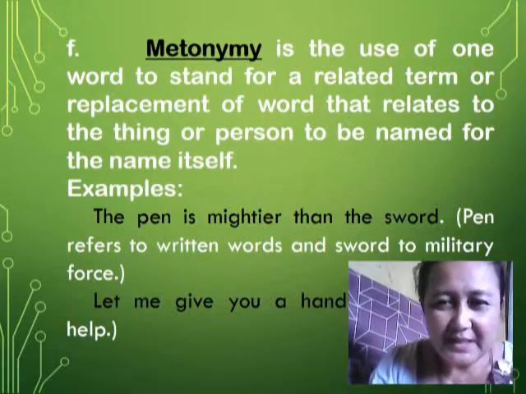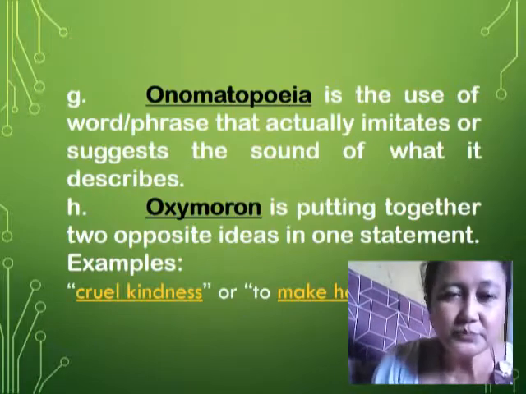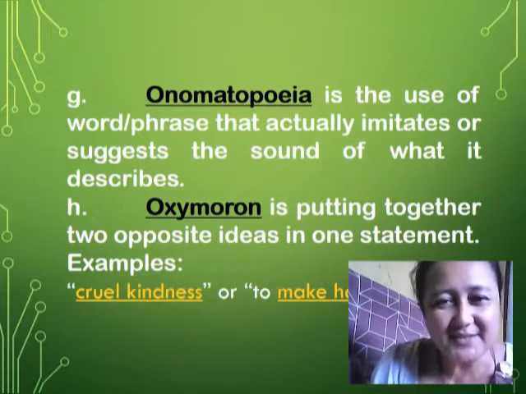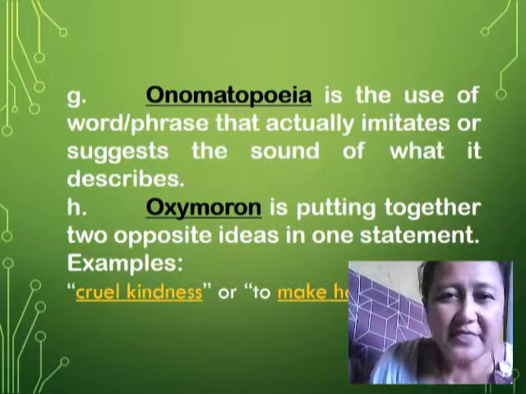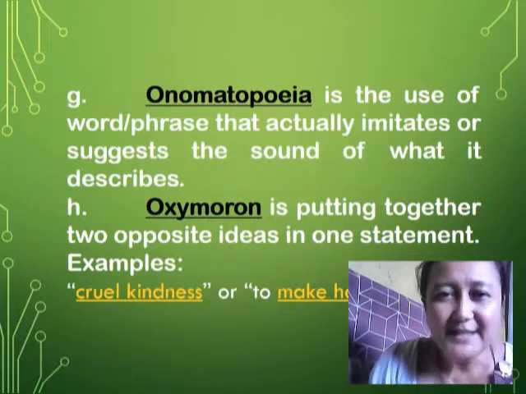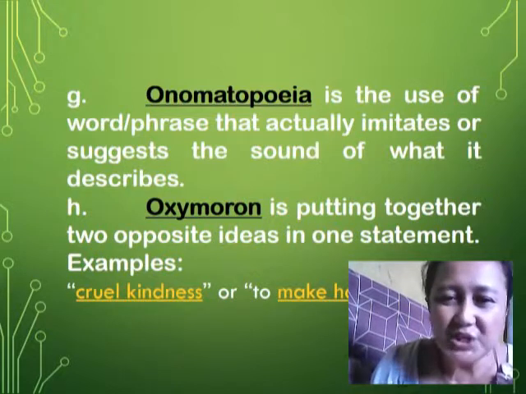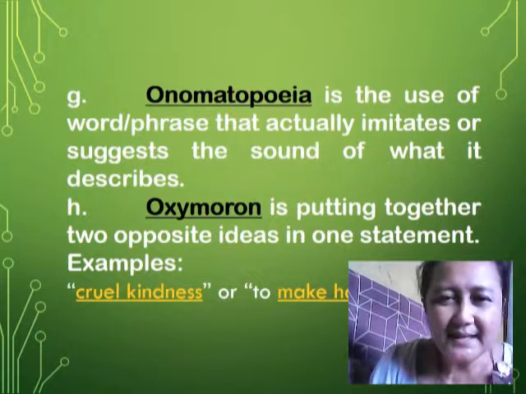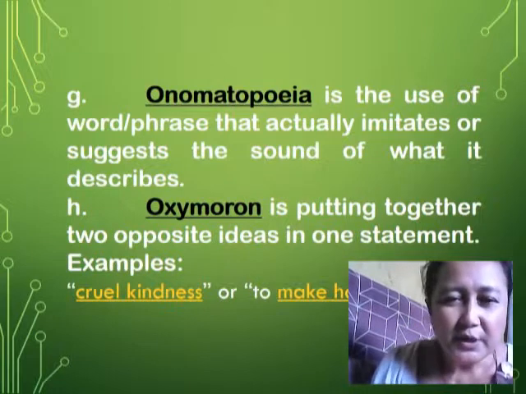Okay, next we have onomatopoeia. Onomatopoeia is the use of a word or phrase that actually imitates or suggests the sound of what it describes. We use the words screech, squeak, bang.